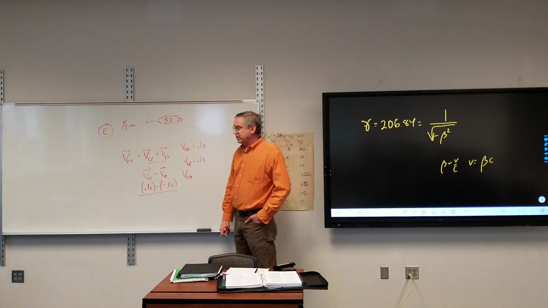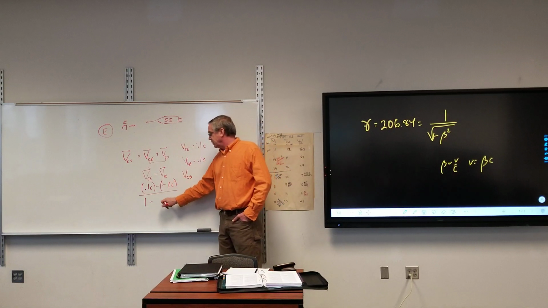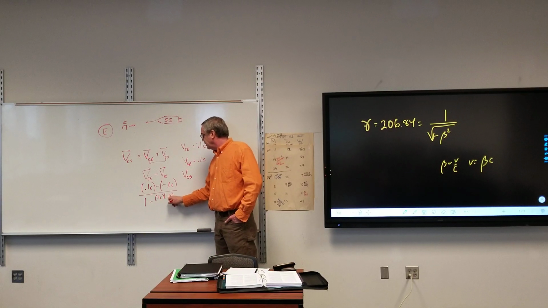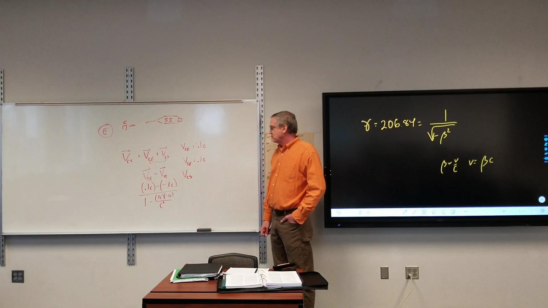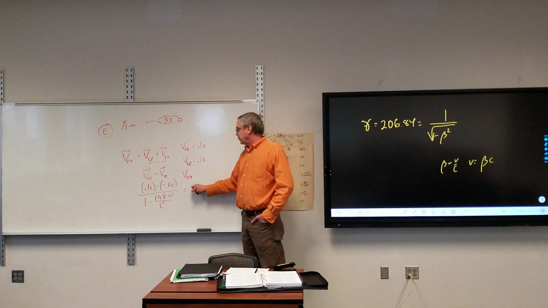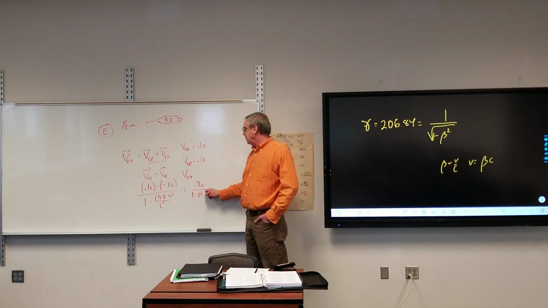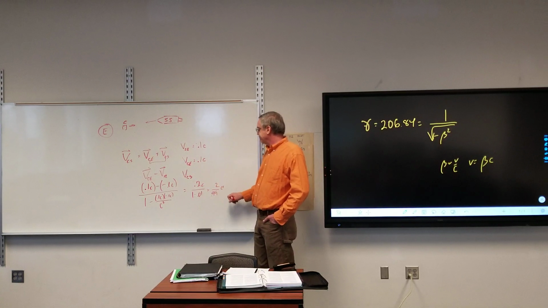And now I bring in the relativistic aspects. 1 minus, same sign, 0.1 c, negative 0.1 c, divided by c squared. So I end up with 0.2 c divided by 1 minus 0.01, or 0.2 over 0.99 c.